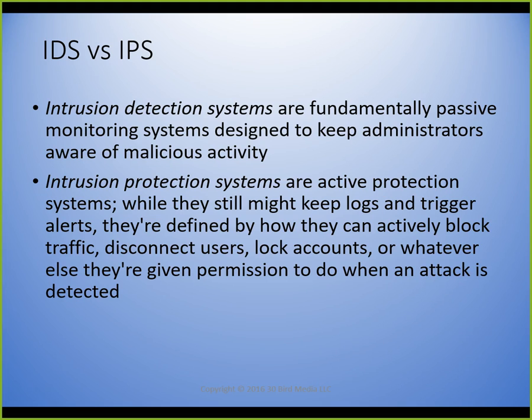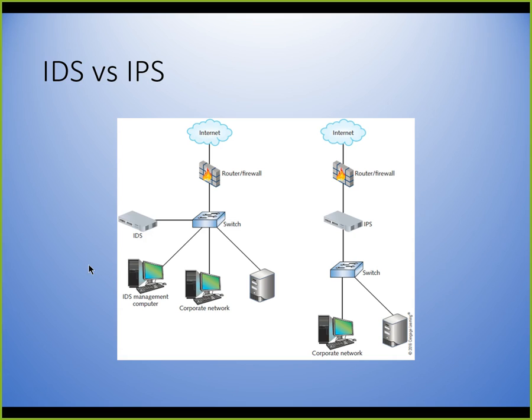They're defined by how they actively block traffic, disconnect users, lock accounts, whatever else that we allow them to do when an attack is detected. So an intrusion prevention system is an active device, process that tries to stop the attacks that are happening.